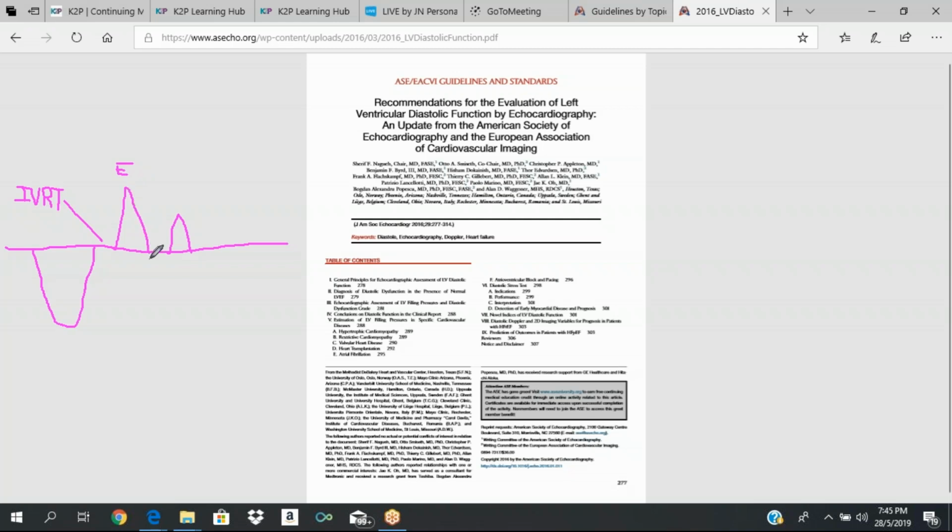Then you have equalization of pressure between the left atrium and left ventricle. This is what we call diastasis.